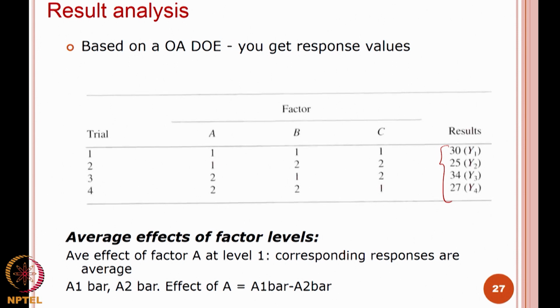But in this case how will you do that? Because there are 2 rows with level 1 and there are 2 rows with level 2. Which one will you choose? You get the question? With this data, I want to know the effect of A. How will I do that?